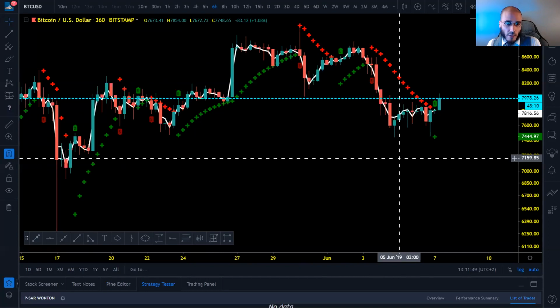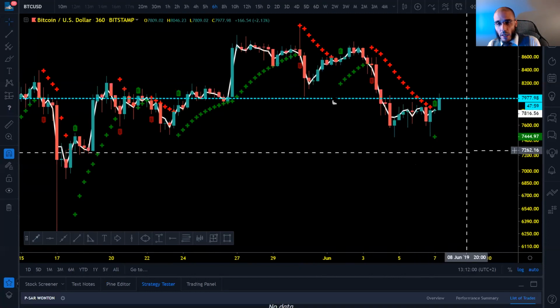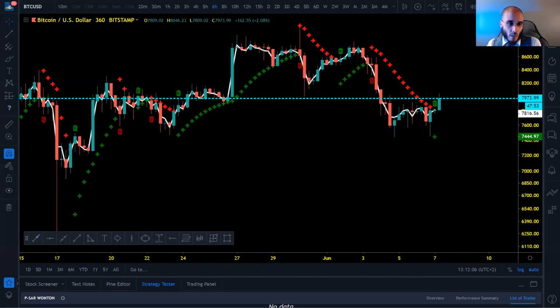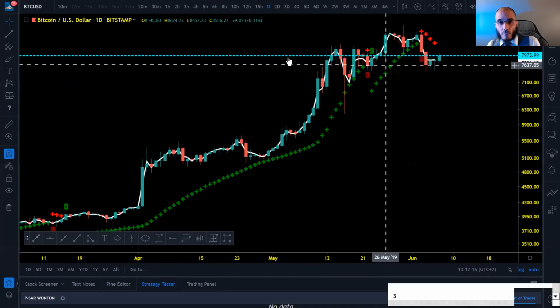Best parabolic SAR study and strategy is positive on the 6 hour, just turned positive, gave you a buy. It was negative yesterday, but today it is positive. On the 1 day, we are still negative. You had a sell here.